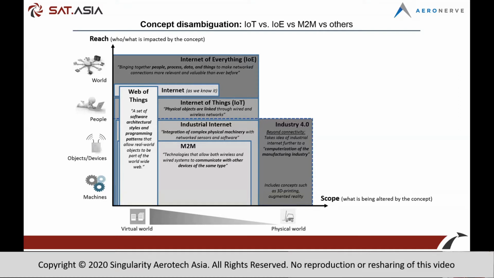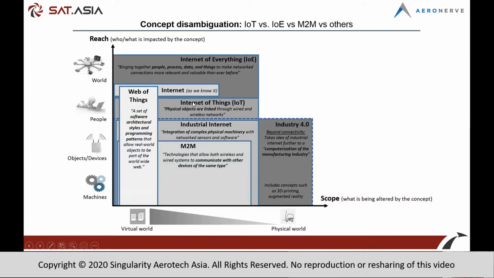Okay, if you look at the graph, I think this is done by Cisco. It starts from machine, objects, people, and the world. So it basically tells you the area of coverage of each of the terms. Okay, Web of Things only covers the virtual world, but you connect machines and objects to people.